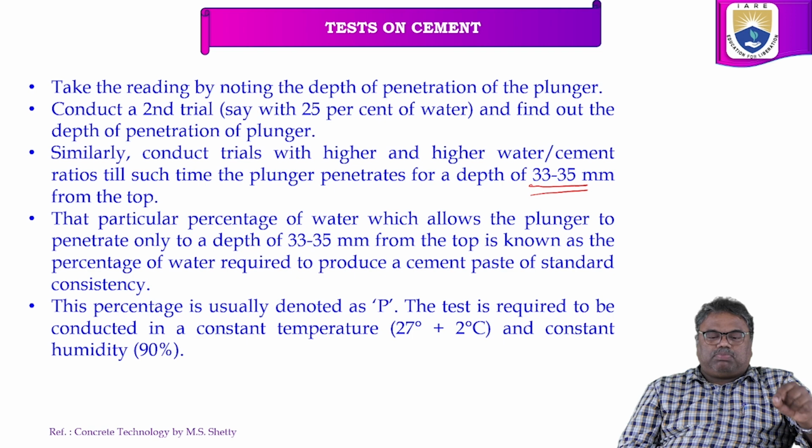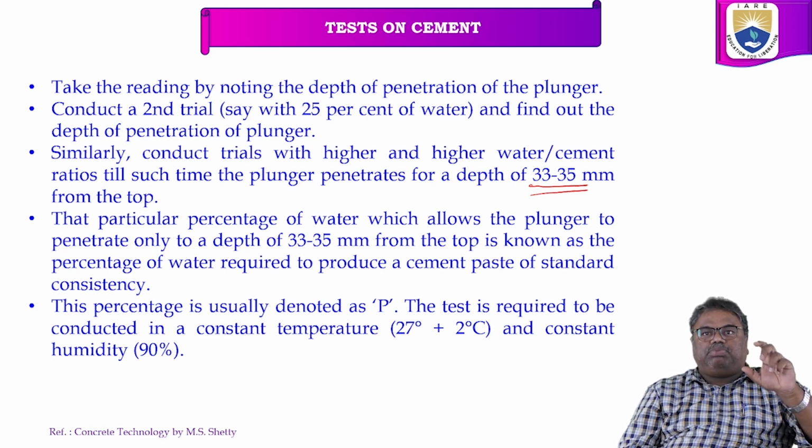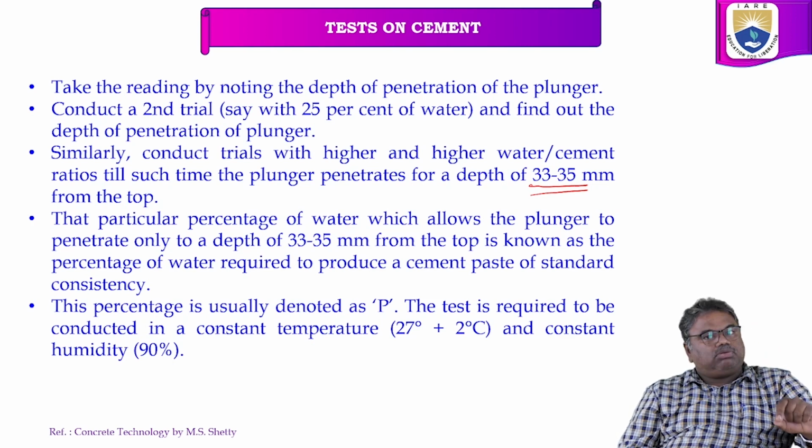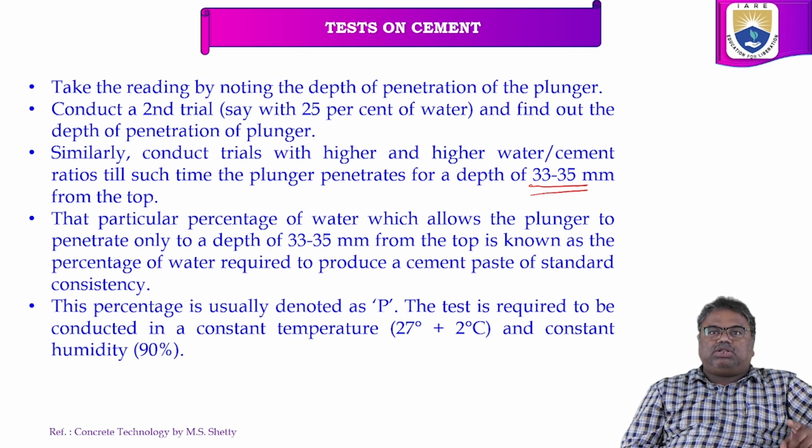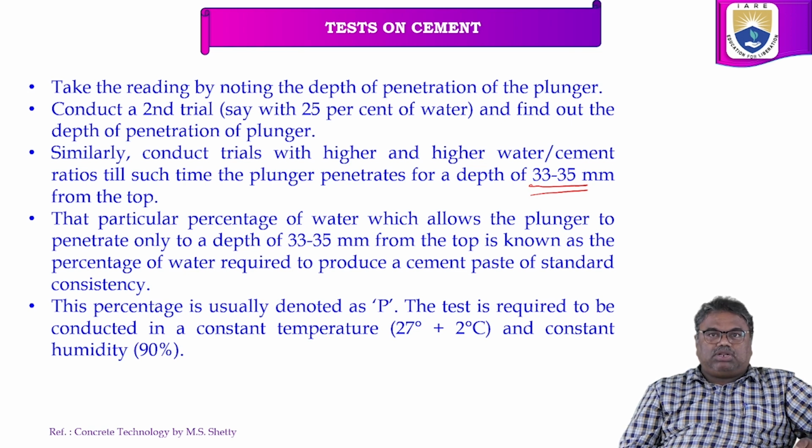At that particular percentage of water which allows the plunger to penetrate only to a depth of 33 to 35 mm from the top, that is known as the percentage of water required to produce cement paste of standard consistency.